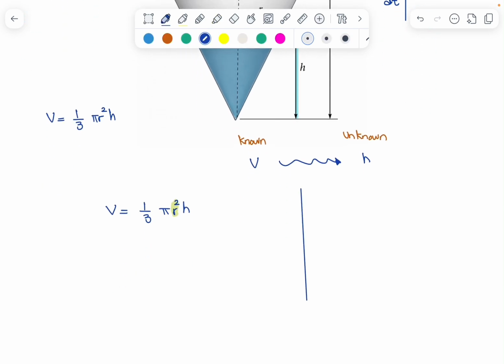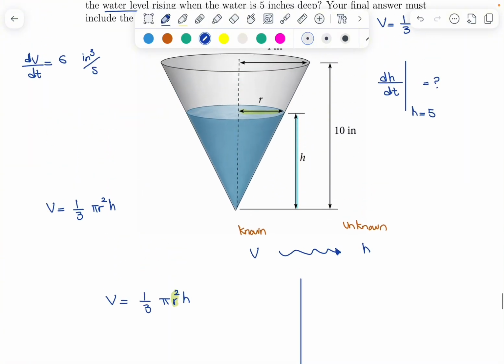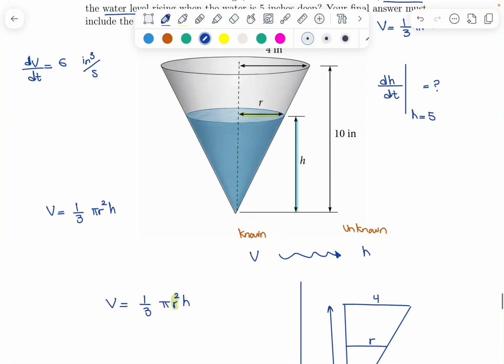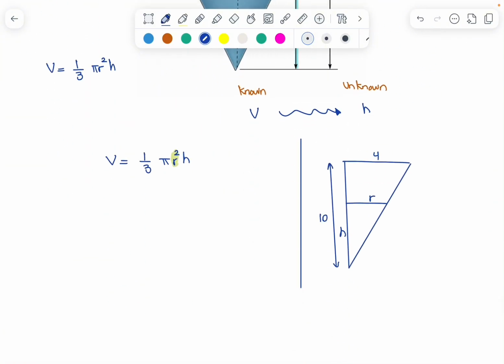How can we find r in terms of h? To write r in terms of h, look at the picture that you have. If we consider a picture for our problem, we will have a picture like this. This is 4, this is r, this is h, and this would be 10. When you write r in terms of h, you can use this picture.